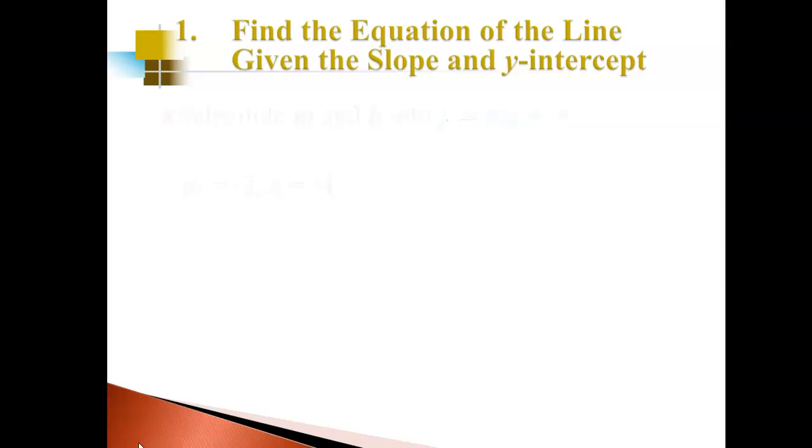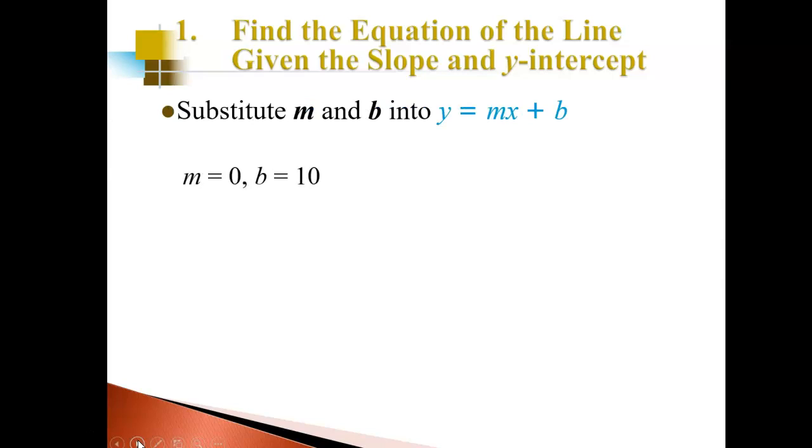Trying to change slides. There we go. Okay, again, what does it mean for a slope to be 0? What type of line does that create?